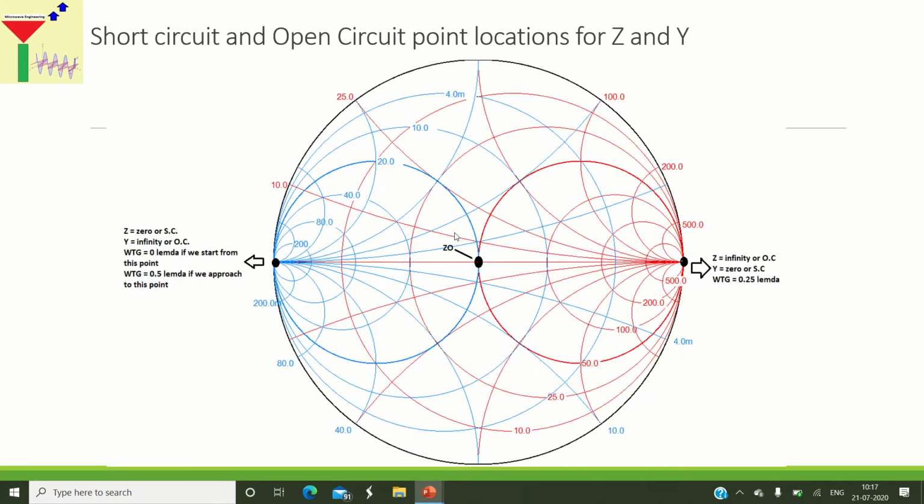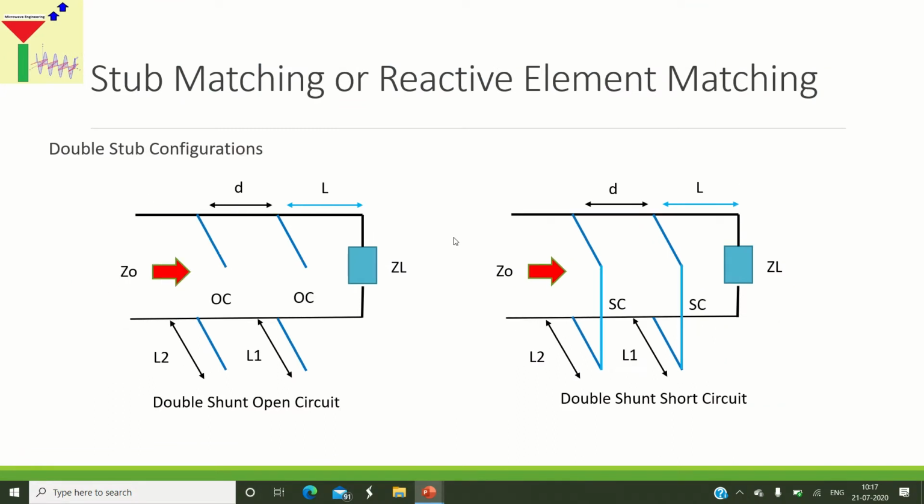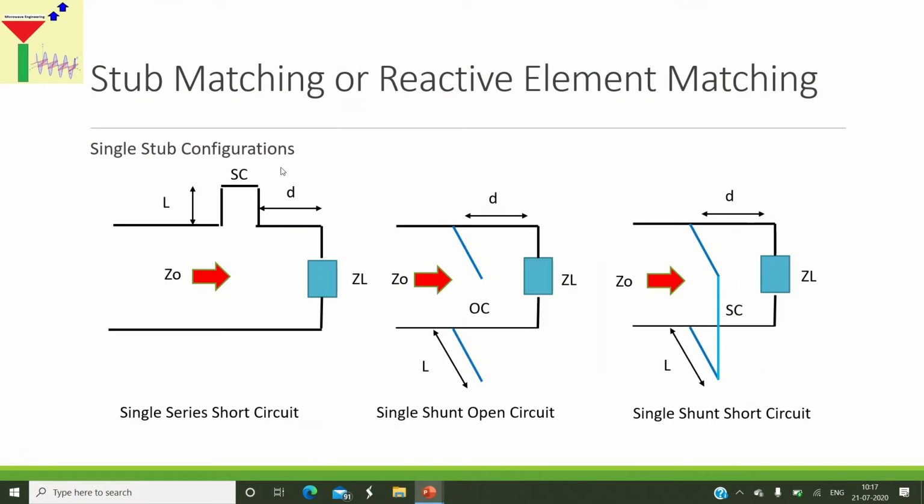So this particular configuration looks like this, so come back to our circuit configuration. Here is the first configuration that we are going to design. The load impedance ZL is given, and the characteristic impedance of the transmission line is given, and we are asked to design this particular stub. Designing this stub is nothing but finding the distance or location of the stub from the load and finding the length of the stub.